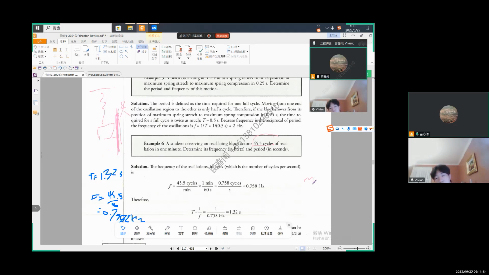And it also depends on the spring constant of that spring. So the spring constant is also involved. If K is higher, you can measure T is probably shorter, right?